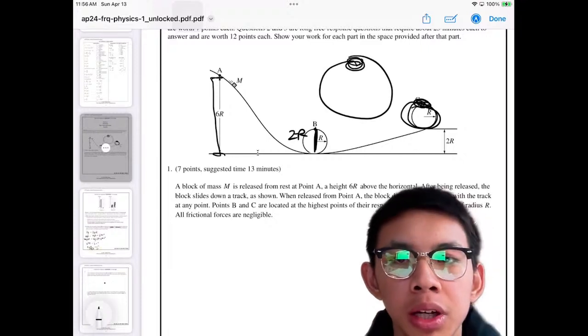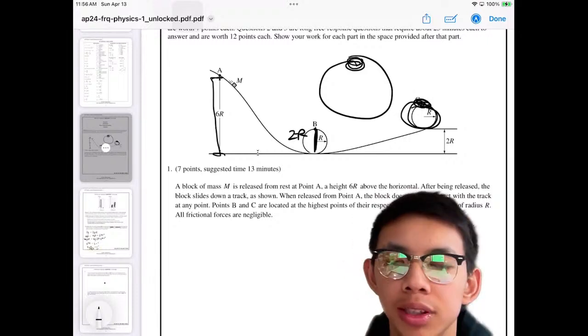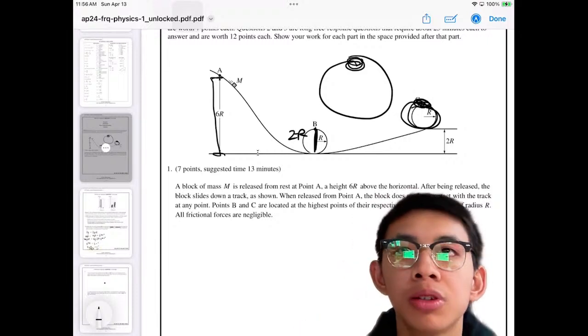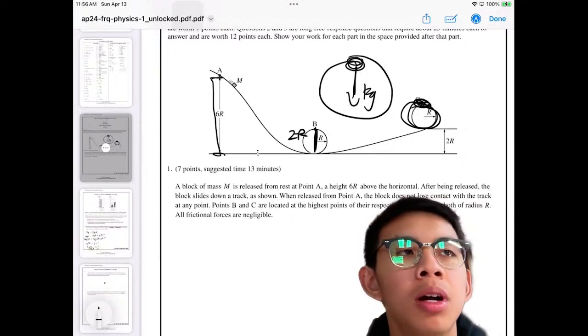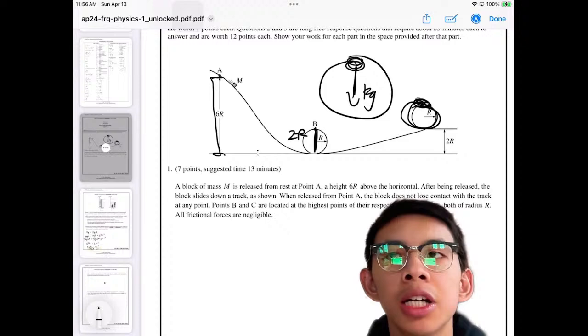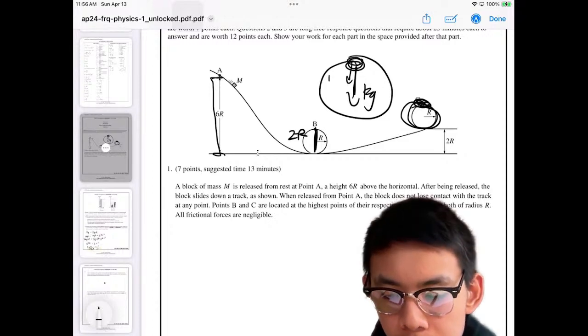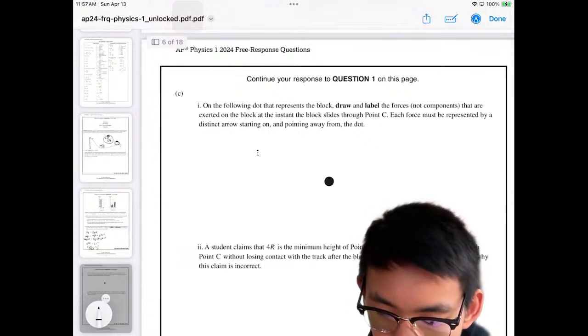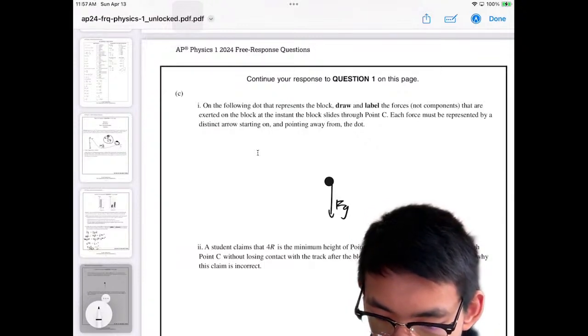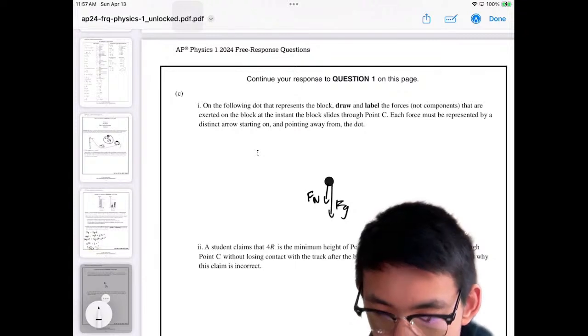It's going to have a downward gravitational pull because we're on Earth, so FG right there. And then the track is also going to exert a normal force.